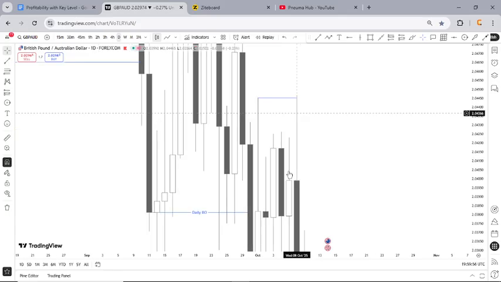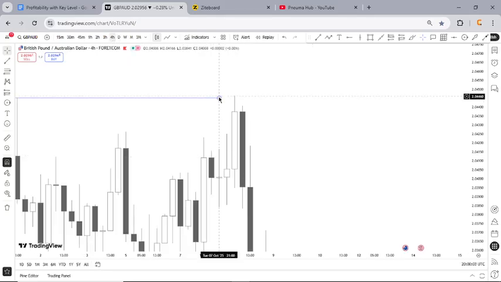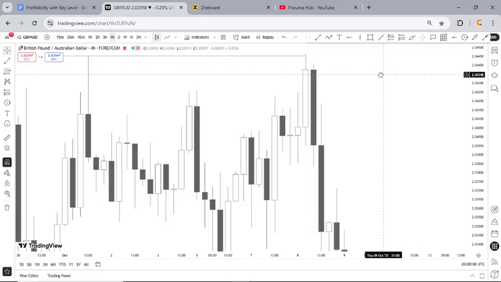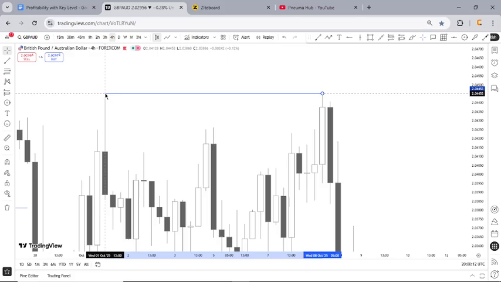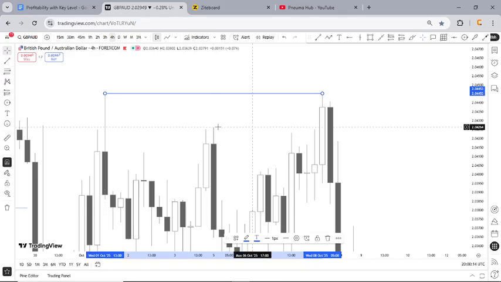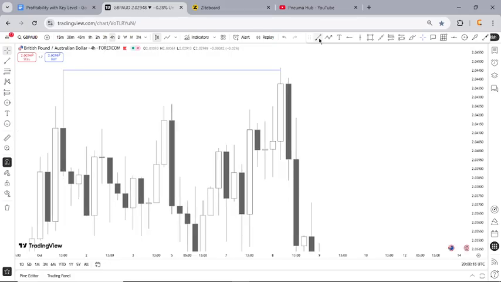And as the market is sweeping this high, if you go to the 4-hour time frame, what do we have? After this sweep of the daily high, the previous day high, and actually a lot of days' high was taken, we have a breakout to the downside.